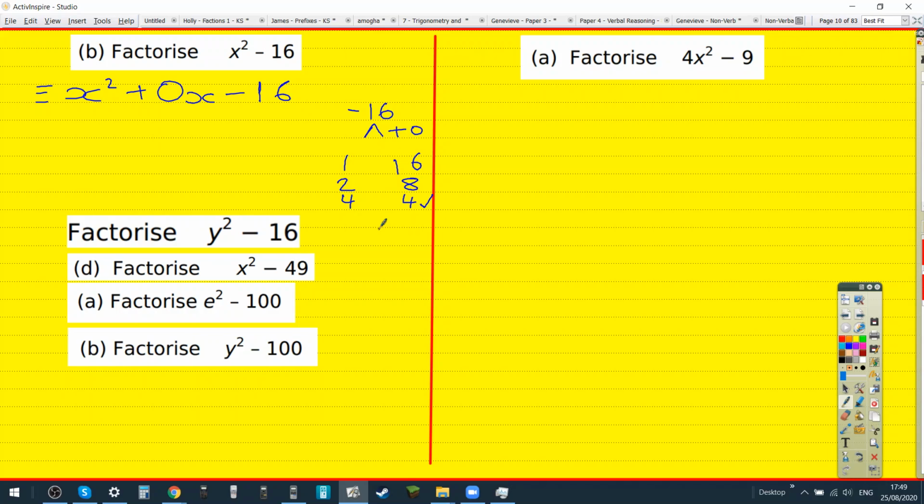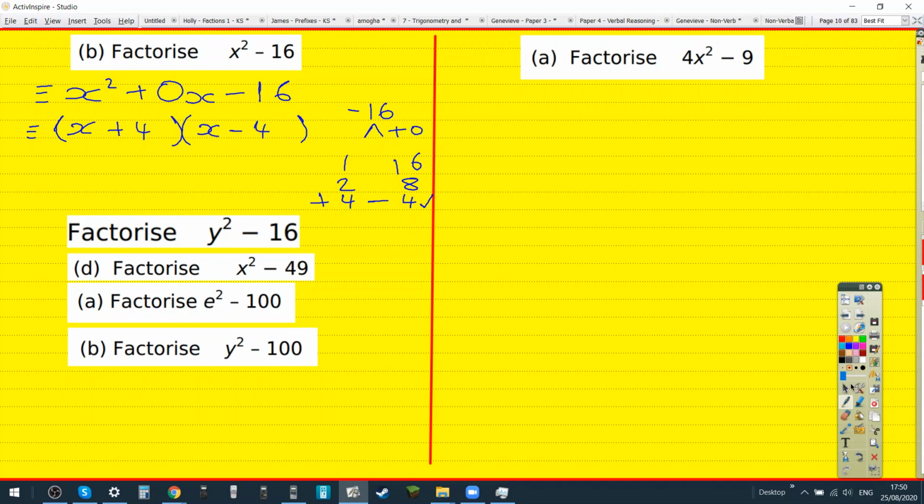Minus, sorry. Yes. And then it should be minus 4. Actually, no. And so what are the brackets? The brackets should be x plus 4 and x minus 4. Yes.